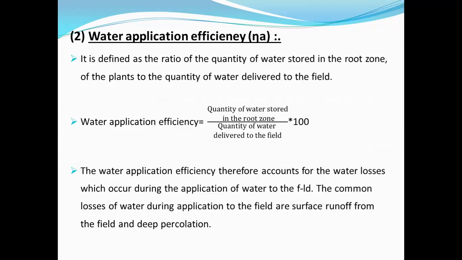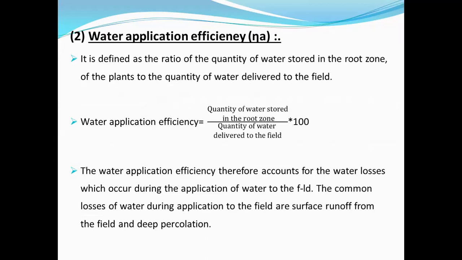The second one is water application efficiency, represented as eta a, right? It is defined as the ratio of the quantity of water stored in the root zone of the plant to the quantity of water delivered to the field.